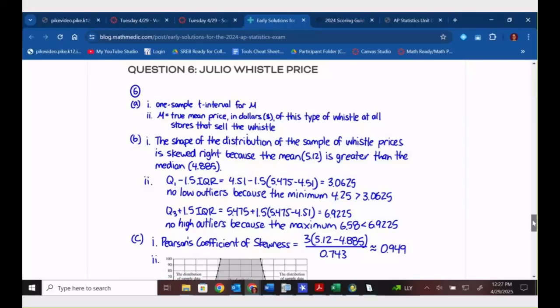Part BII, Q1 minus 1.5 times IQR would be 4.51 minus 1.5 times, and then they're showing Q3 minus Q1. We get 3.0625. There are no low outliers because the minimum, 4.25, is bigger than the threshold for an outlier.